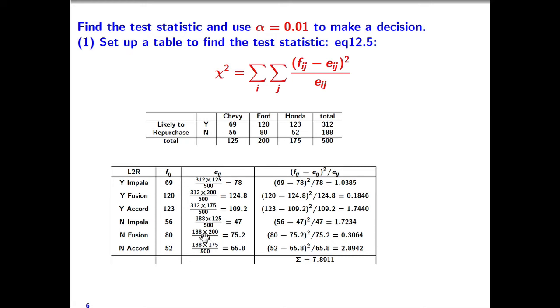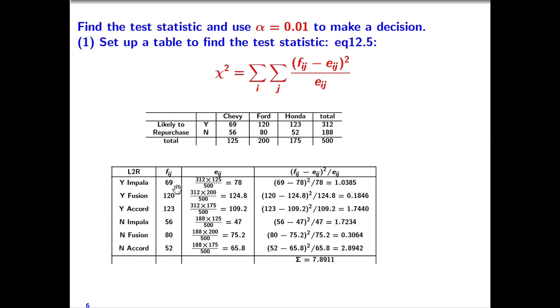And then for 80, you have 188, 200, and 500. So you have 188 times 200 over 500 to give you 75.2. And then the last one, you have 188, 175, and 500. So you have 188 times 175 over 500 to give you 65.8.